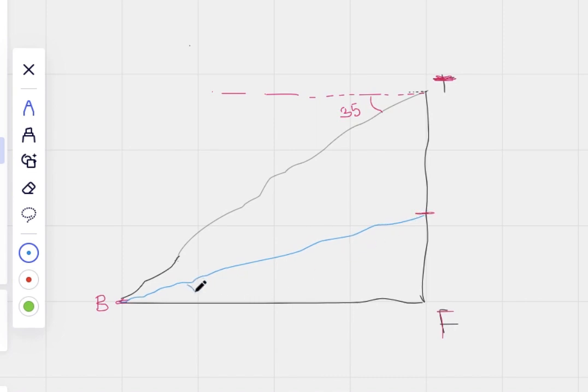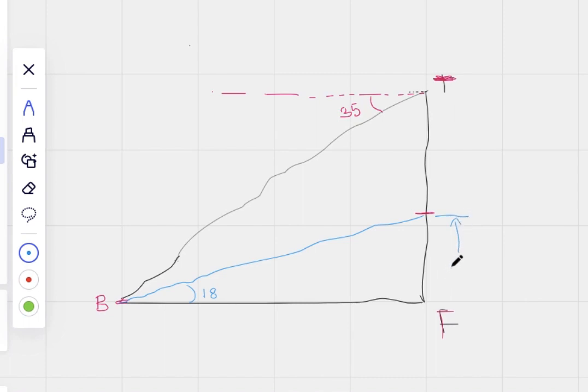Here we have 18 degrees. Like I said, they say we should note this distance.